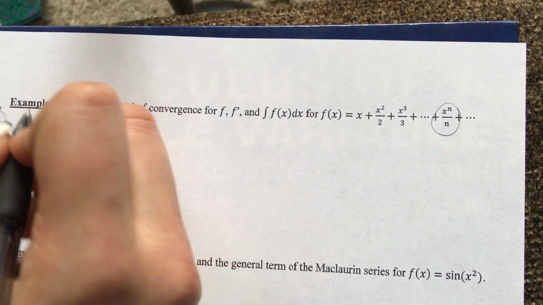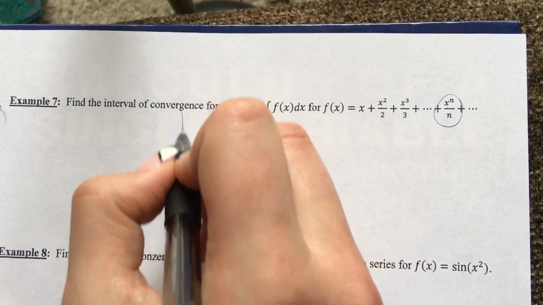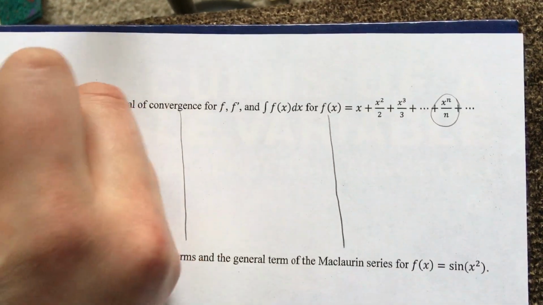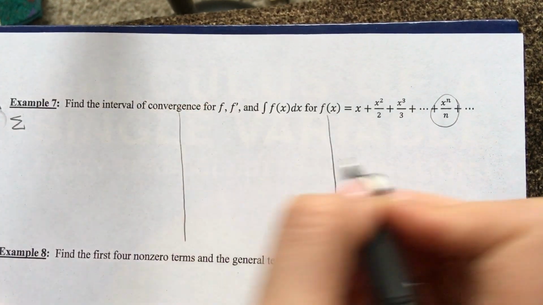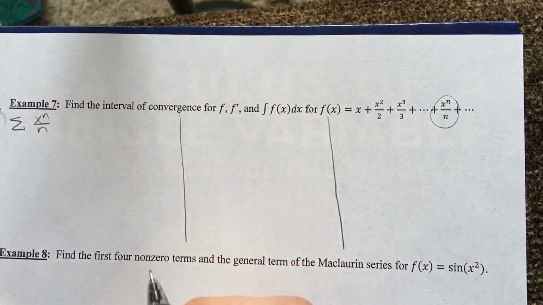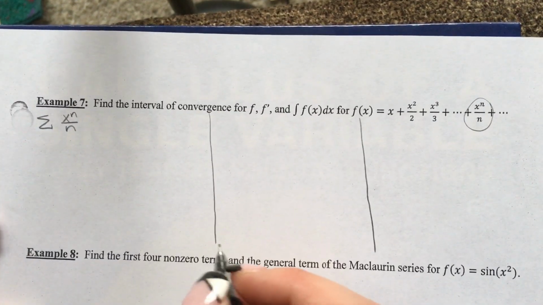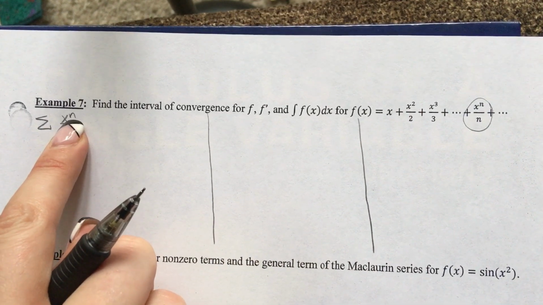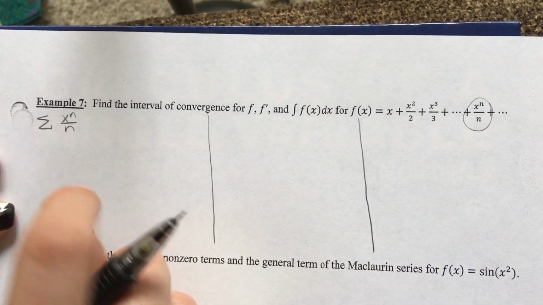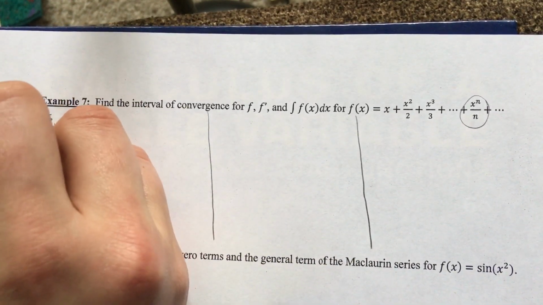So I'm going to say, I can divide this into 3 spaces. All right, so for the first one, f of x was x to the n over n. And so I can see with this that the center would be 0, because that would be like an x minus 0 in parentheses. And I'm going to go ahead and do the ratio test on this.